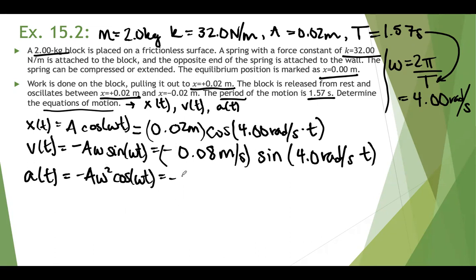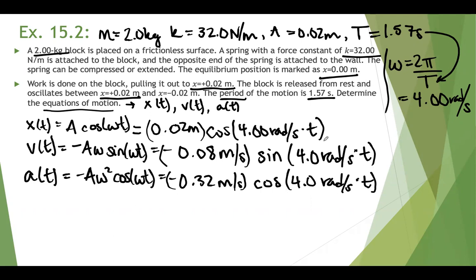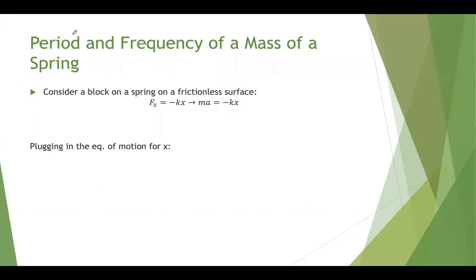So I have negative 0.32 meters per second squared, cosine of 4.0 radians per second times t. Okay, so now these are my equations of motion of this block. All right, so go ahead and move on.